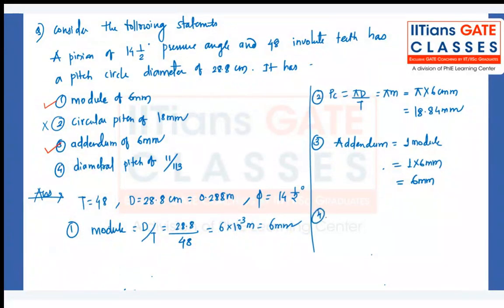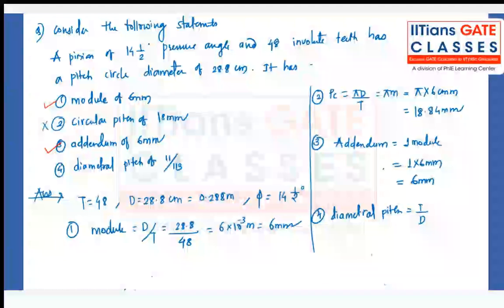And what is diametral pitch? Diametral pitch is just the reciprocal of the module. Module is equal to d by t. Diametral pitch is t by d, which is 48 divided by 28.8.